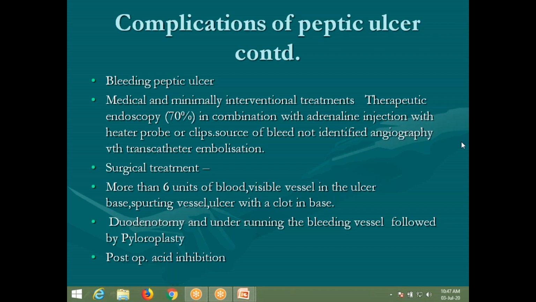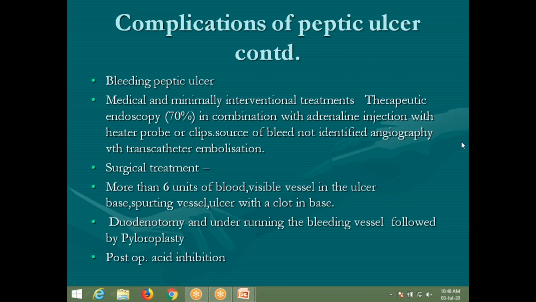What is our gold standard here? What is the good tool in our hand? That is endoscopy. So with the help of endoscopy, we will try to locate it. We will try to stop it with the help of adrenaline injections or by applying diathermy, a heater probe, or hemoclips.